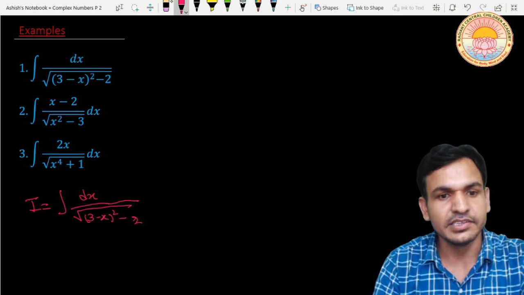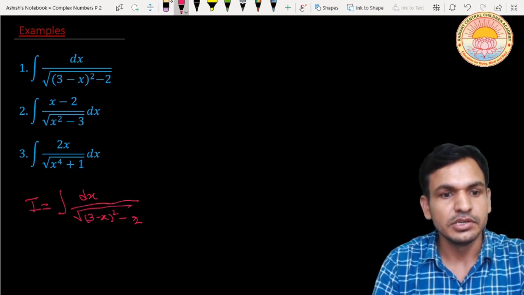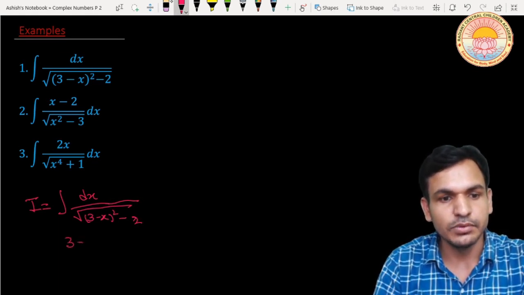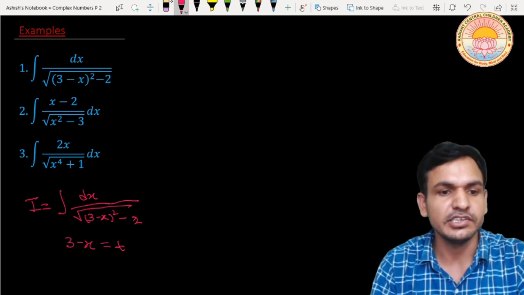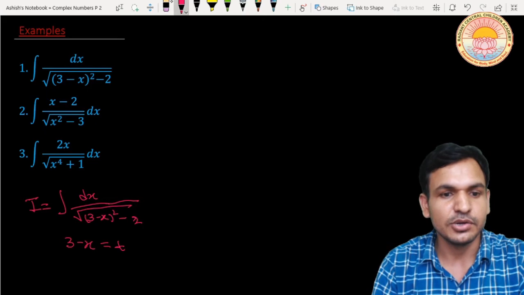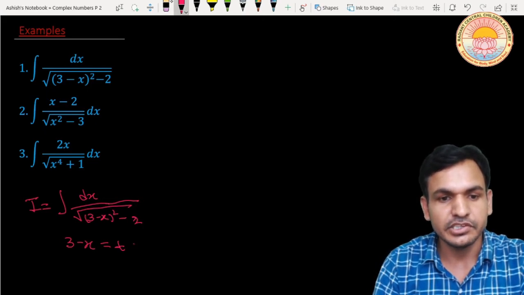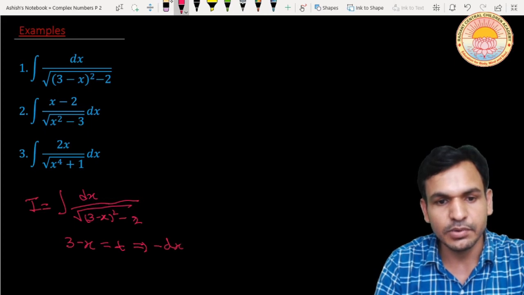To integrate this, first we have to substitute 3 minus x is equal to t, because this is not a standard integral. So to change this integral to a standard integral, we are substituting 3 minus x is equal to t. Now after differentiating it with respect to t, we will get minus dx is equal to dt.